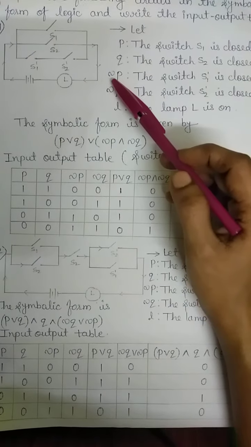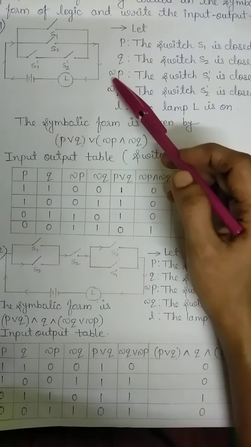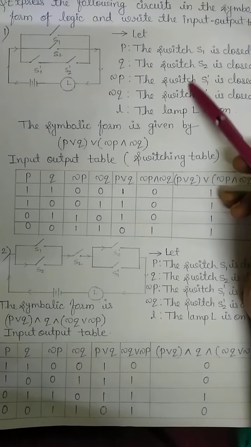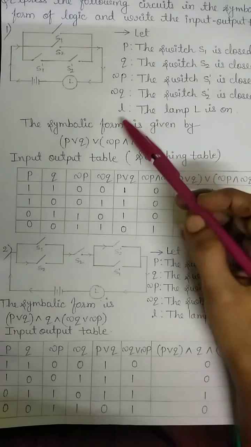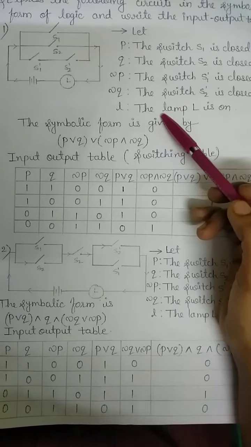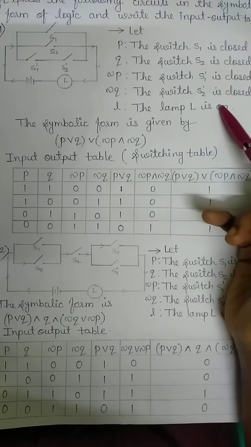Otherwise we can write like this, negation of P, the switch S1 is open, and negation of Q, the switch S2 is open. Anyway you can write for these two, negation of P and negation of Q. Then L, the lamp L is on.